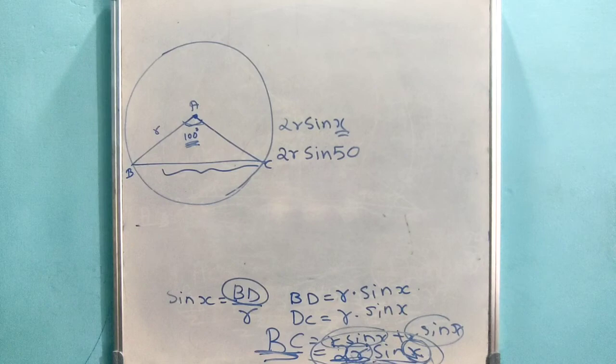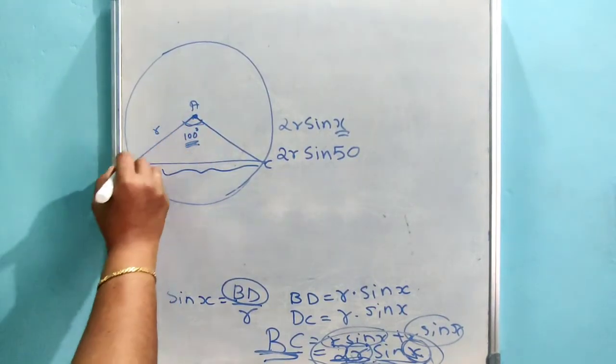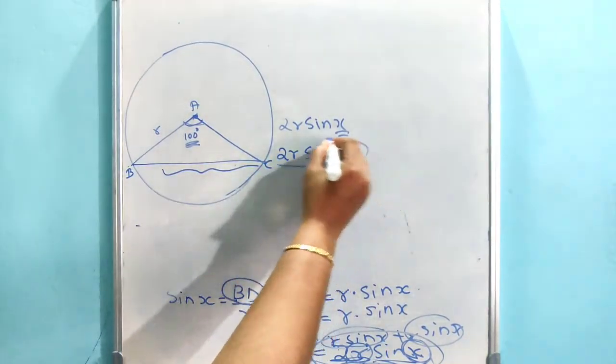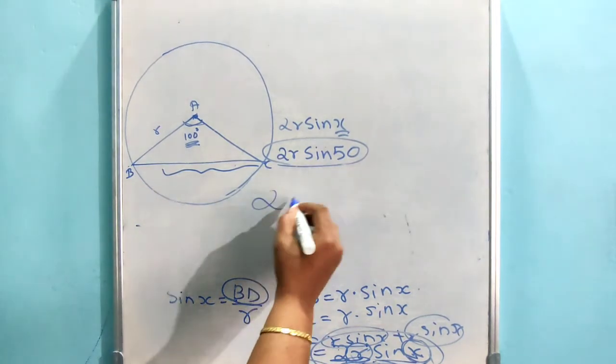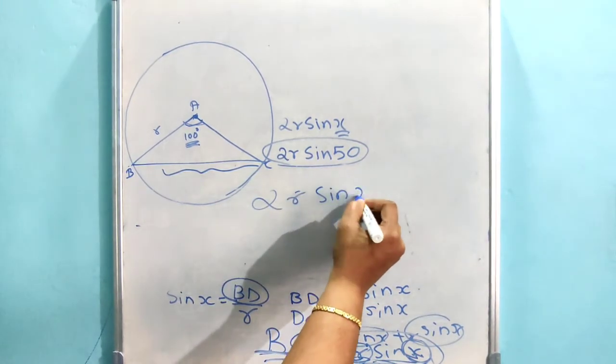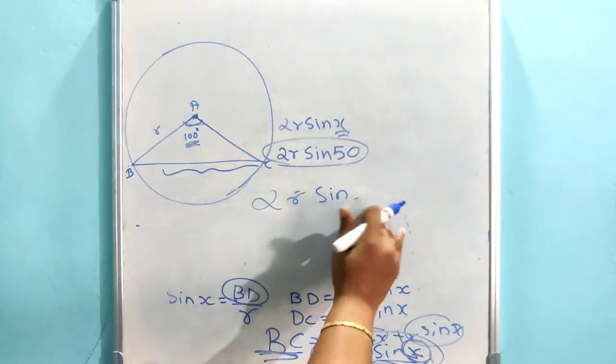So if we have the radius of a circle and the central angle of a chord, we can find out the length of any chord of a circle. Children, this is the result 2R sin x, or we can write this x as c by 2.